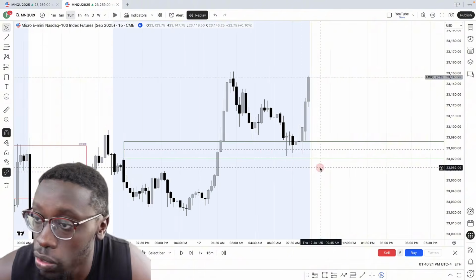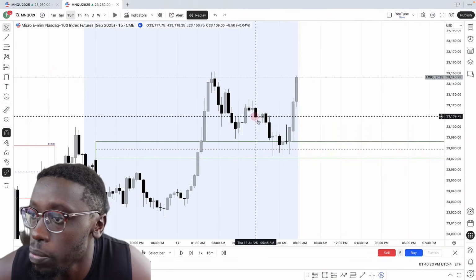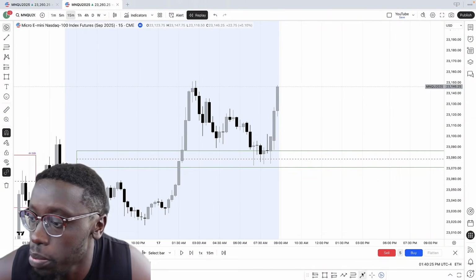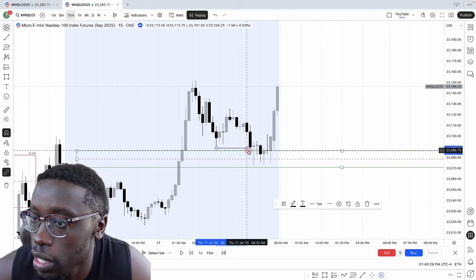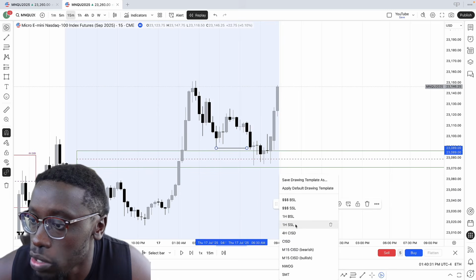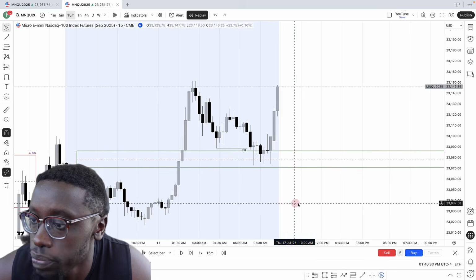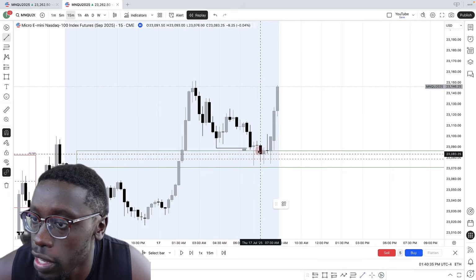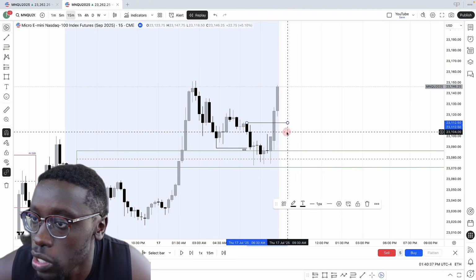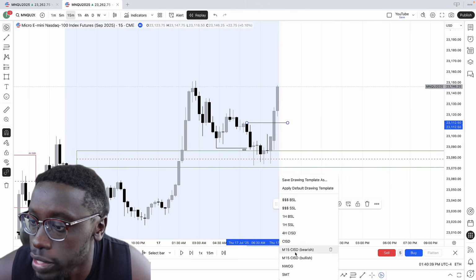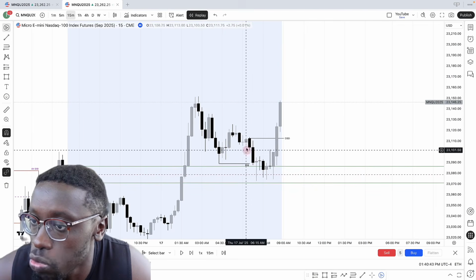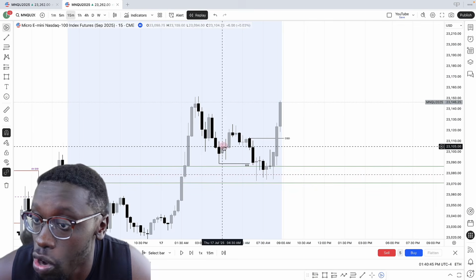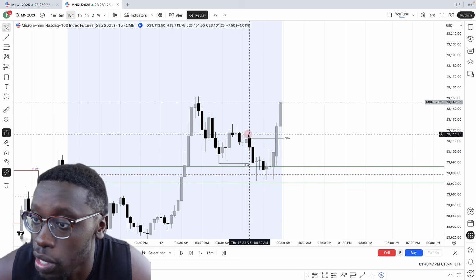What you will notice is that this 4-hour fair value gap, we did hold this in the pre-market, and we did have this liquidity get swept here, right? So this was a sweep of liquidity. And then we also did have a series of down close candles, which swept that liquidity, which was resting here. So this series of down close candles was the candles that swept this liquidity.